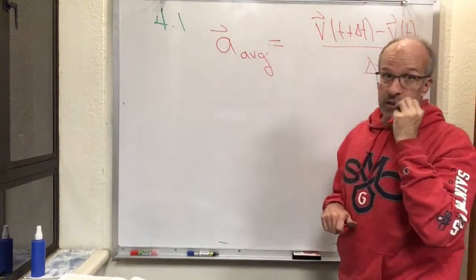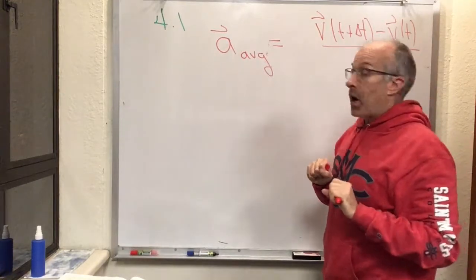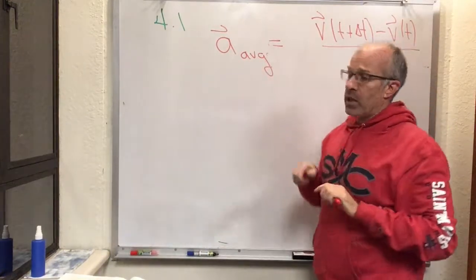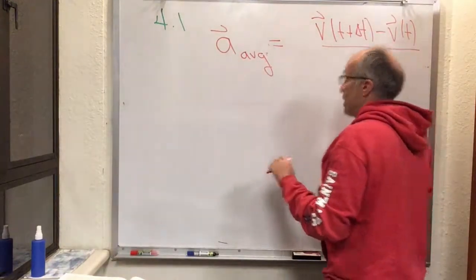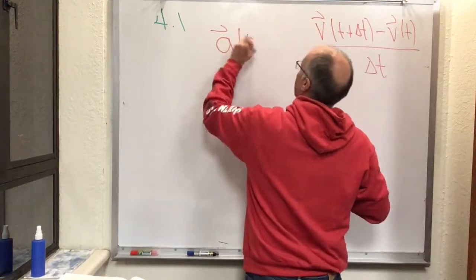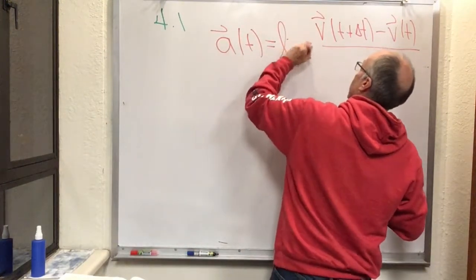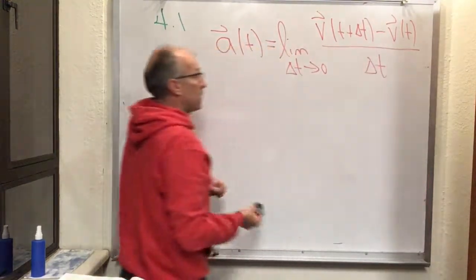And you know where this is going. We're going to imagine looking at the acceleration over an extremely short time period where the acceleration itself has not had time to change. And once we do that, then we have a of t is equal to the limit that delta t goes to 0 of that combination.